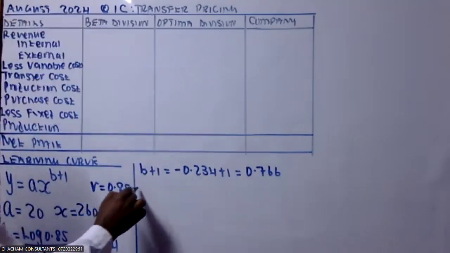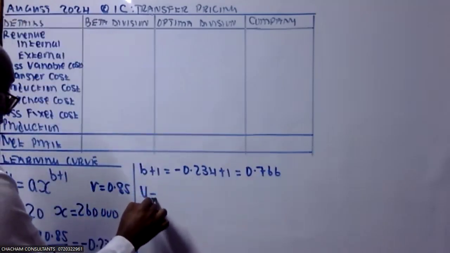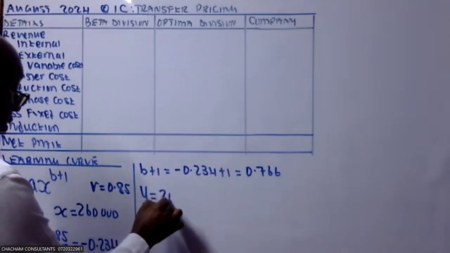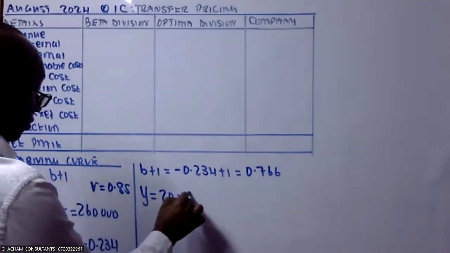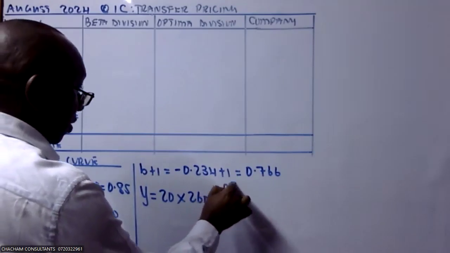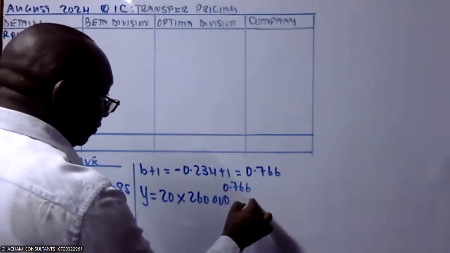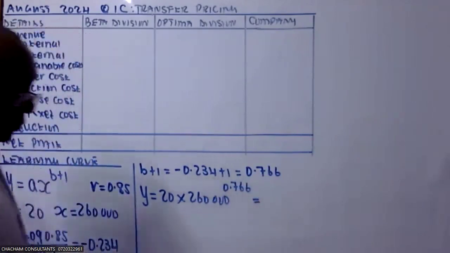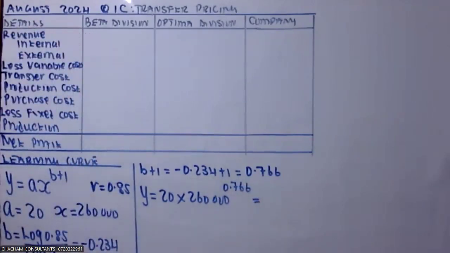So therefore, when you're looking for y, the total time, it will be 20 times 260,000 raised power 0.766. Work that out.